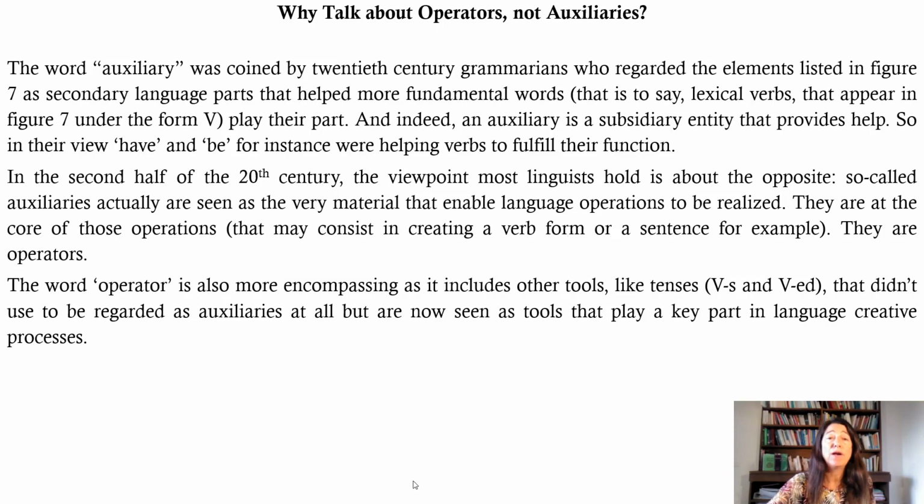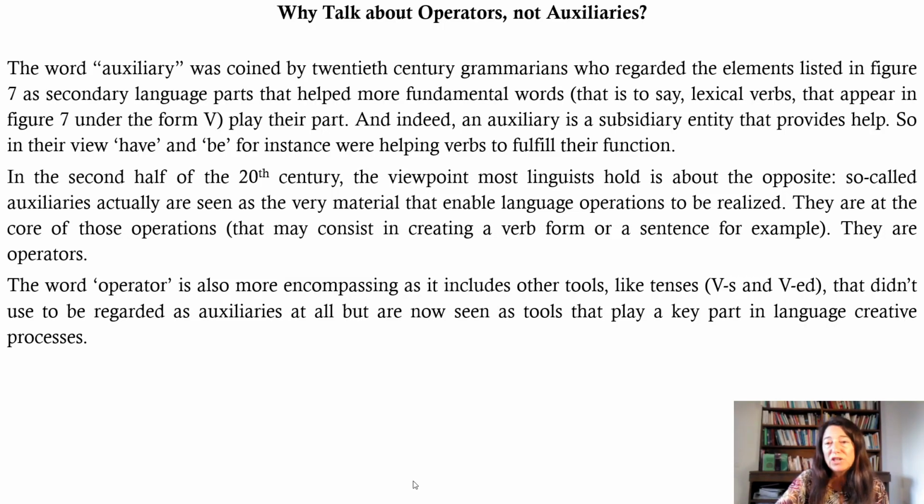But now, and actually since the second half of the 20th century, I think, most linguists consider that auxiliaries actually do not play a secondary part but an essential part in the operations that consist in making verb phrases. So they are really fundamental operators.